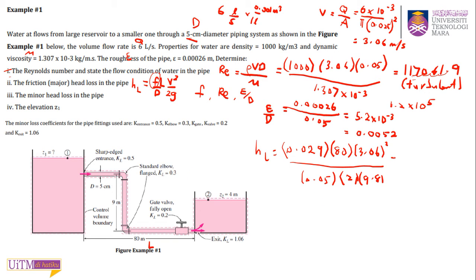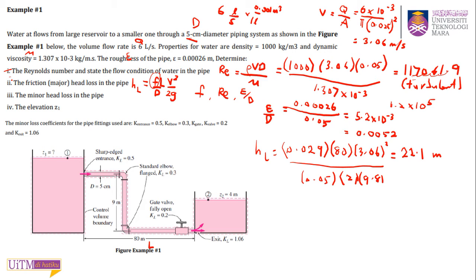If you calculate this, you will get 0.029 times 80 times 3.06 squared divided by 0.05 times 2 times 9.81. So I get 22.1 meter. So that's your head loss in the pipe.